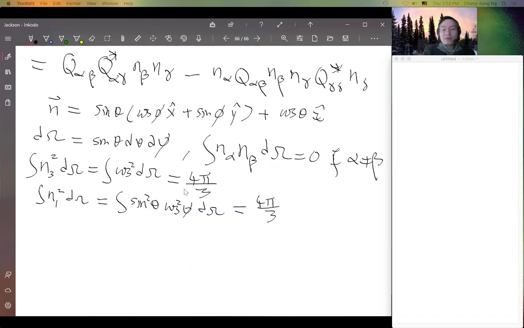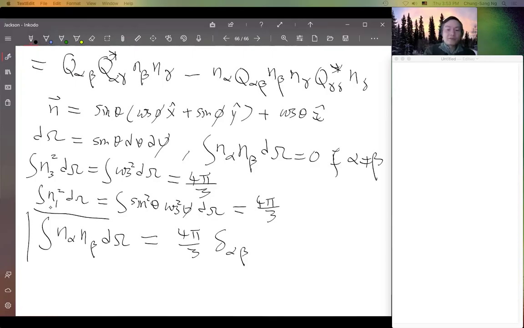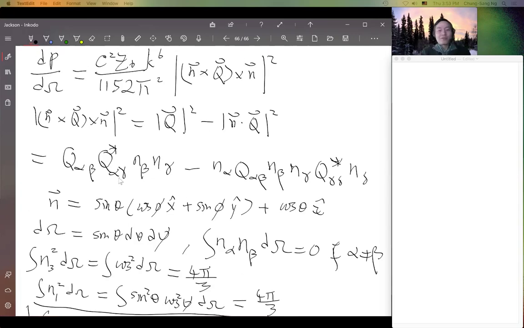So combining all these, the final result is the integral of n alpha n beta d omega equals 4 pi over 3 times delta alpha beta. That is the final result for the first term. So you know how to integrate the first term.